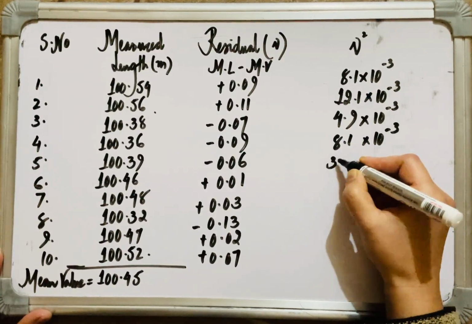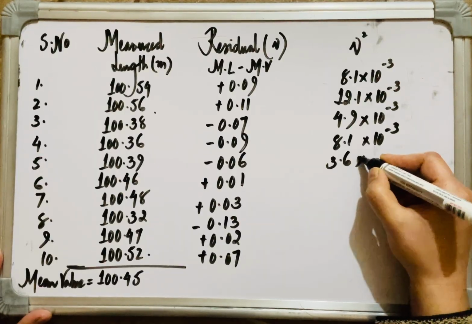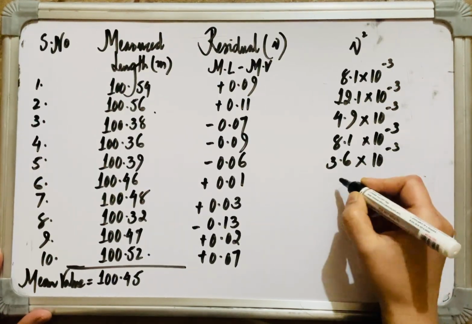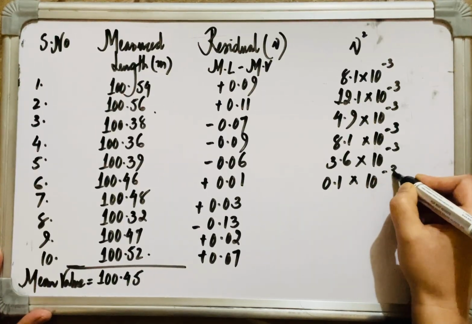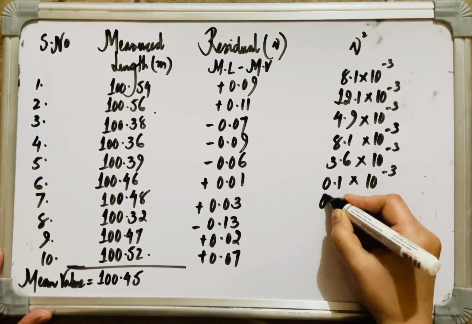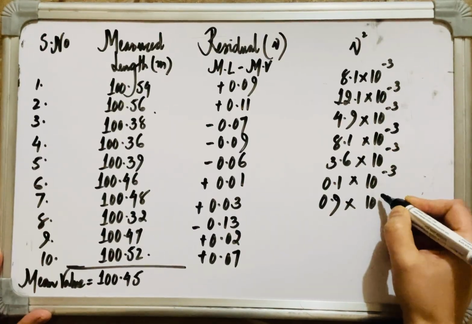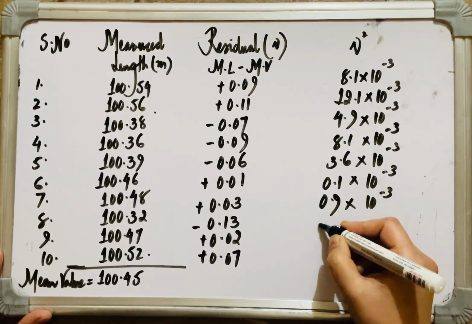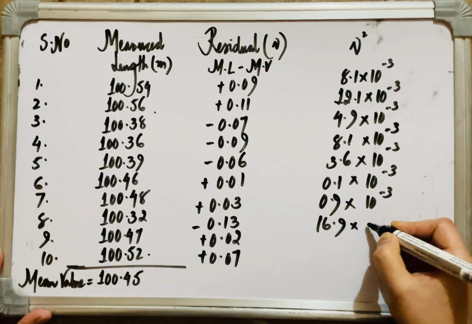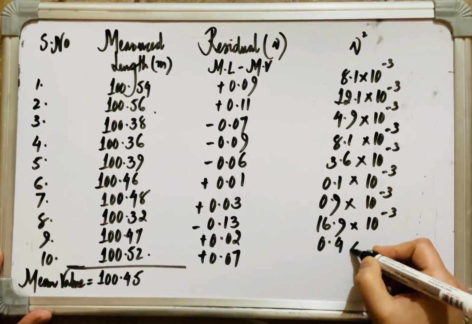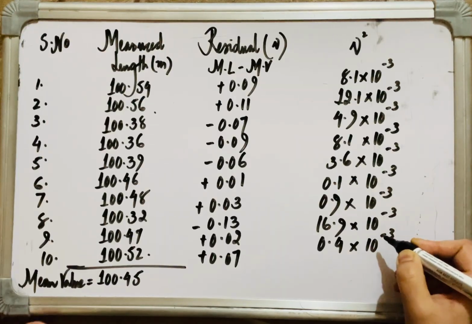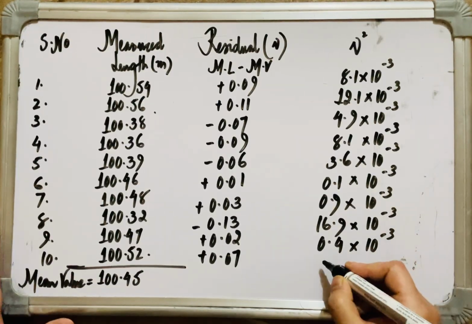Then we have 3.6 multiplied by 10 raised to the power minus 3. Next one is 0.1 multiplied by 10 raised to the power minus 3. Then we have 0.9 multiplied by 10 raised to the power minus 3. Then 16.9, 0.4, and 4.9.